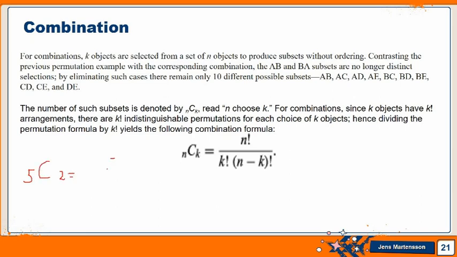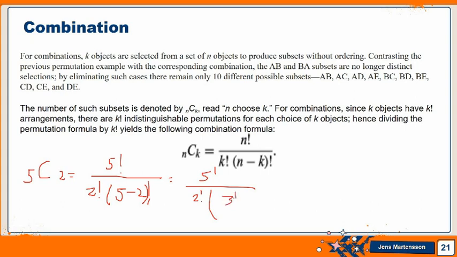So, you have 5 factorial over 2 factorial times 5 minus 2 factorial. So, upon solving this, you have 5 factorial over 2 factorial times 3 factorial.